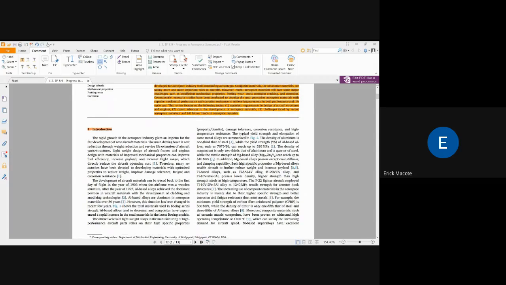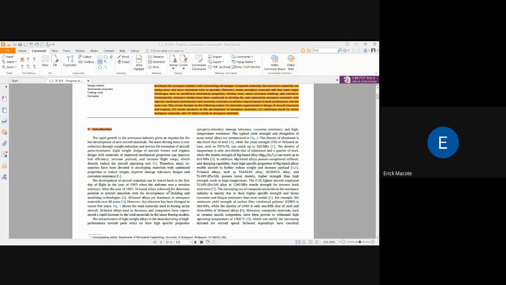In this context, lightweight aircraft frame and engine design with materials of improved mechanical properties can improve fuel efficiency, increase payload, and increase flight range, which directly reduces the aircraft operating costs.